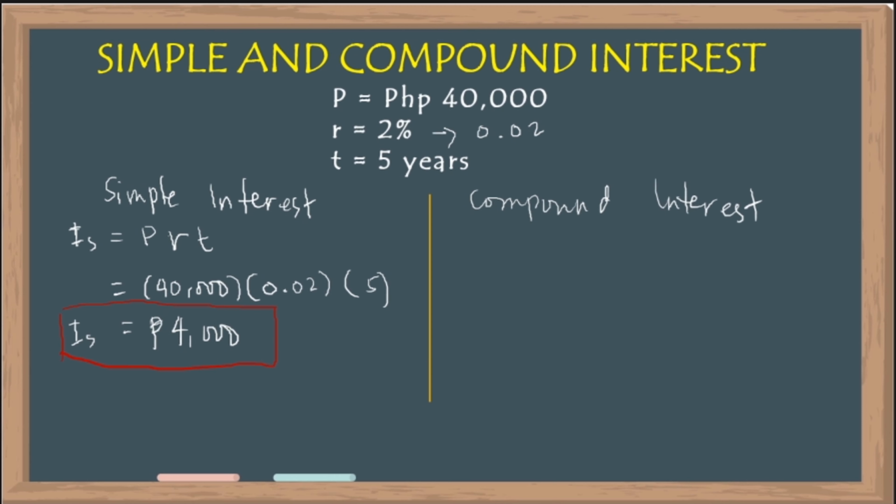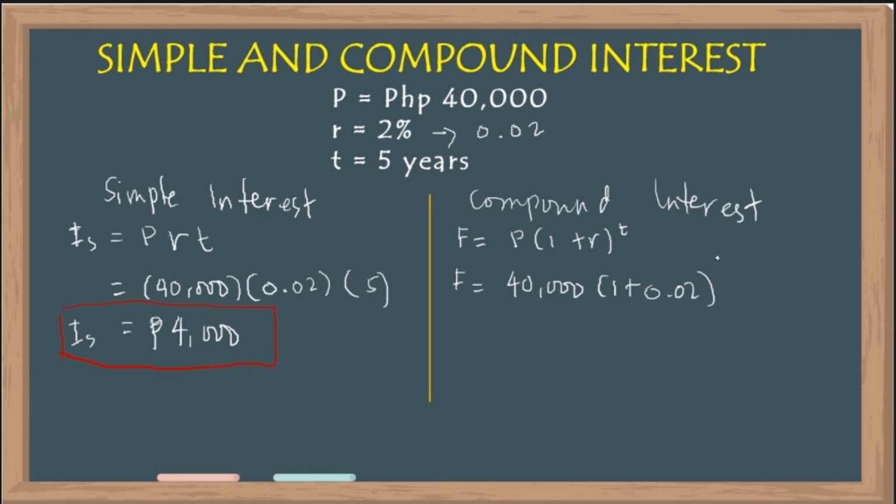Now, sa compound interest, I think isolve muna natin yung future value using this formula. Pag sinabing future value, ito yung amount na babayaran mo kasama yung principal amount na 40,000 plus yung iyong tubo. Okay, so our principal amount is 40,000. 1 plus yung rate natin ay 0.02.